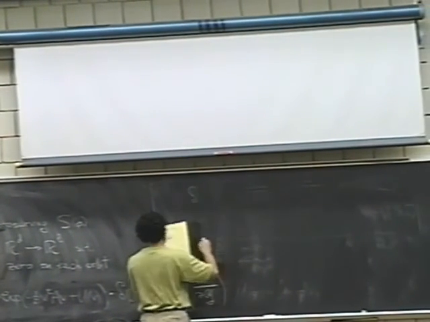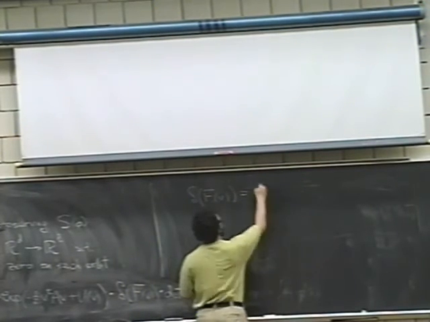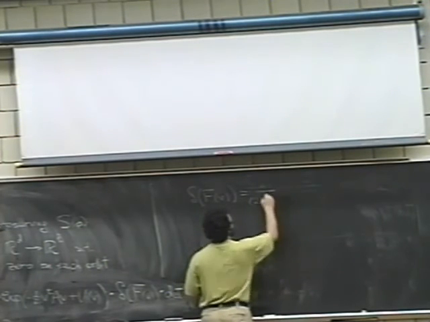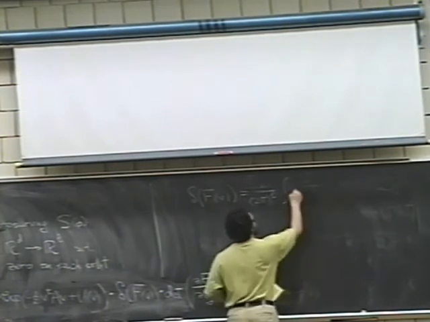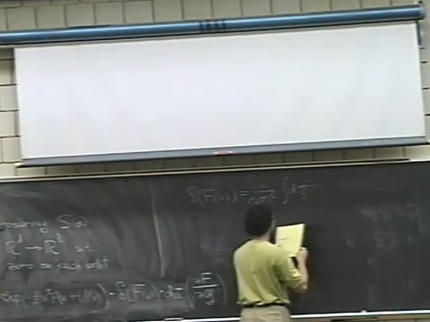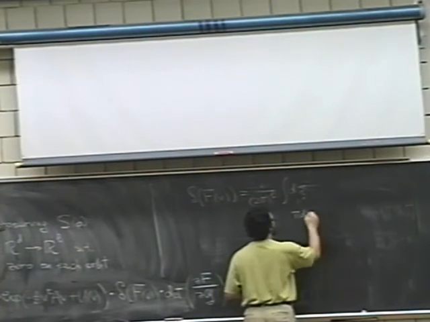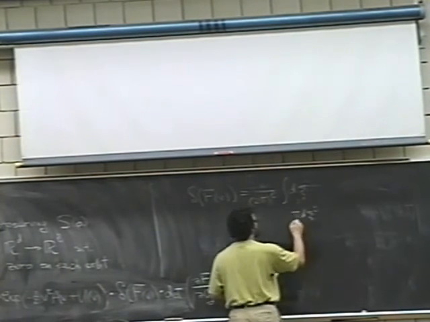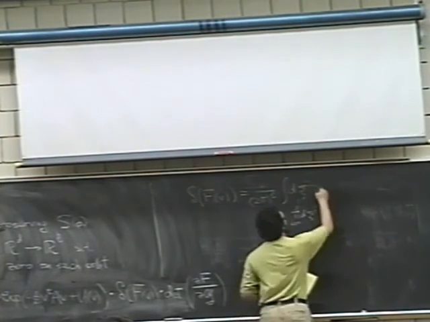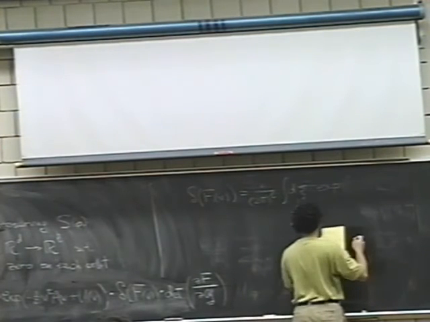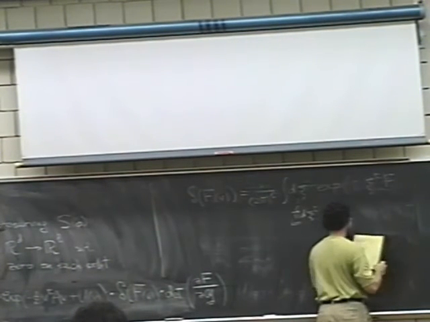I will just write delta of f of v as the integral, with some (2π)^n power. By the way, it's a Fourier transform, so it will be dψ, where by dψ I understand the product of dψ_i from 1 to L. So it will be integration over an L-dimensional space of the exponent of i ψ^T f.